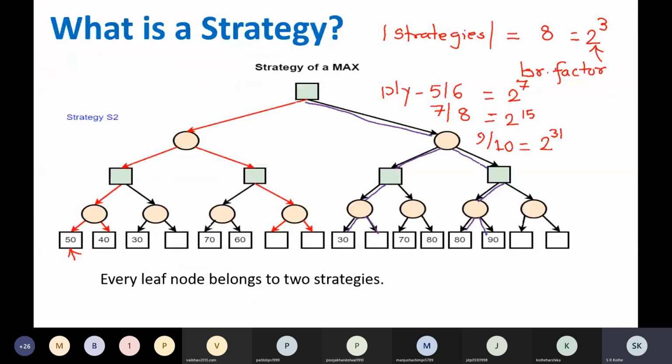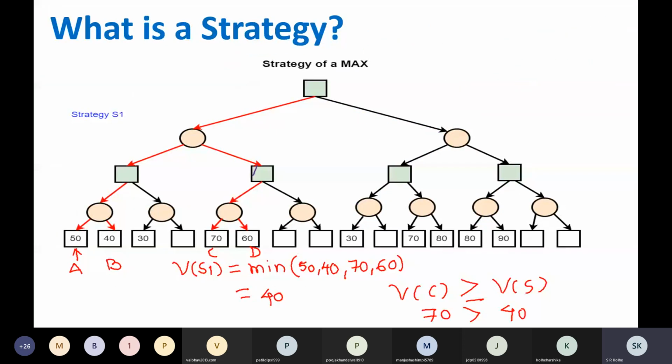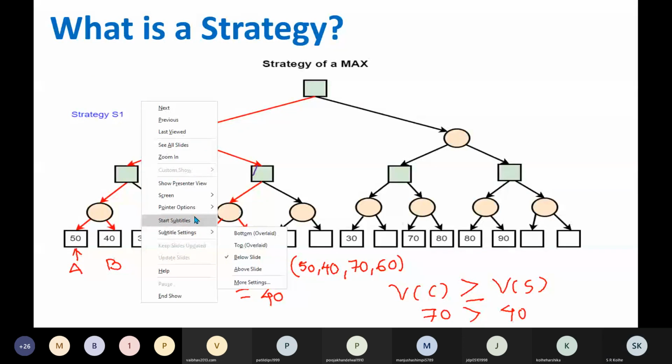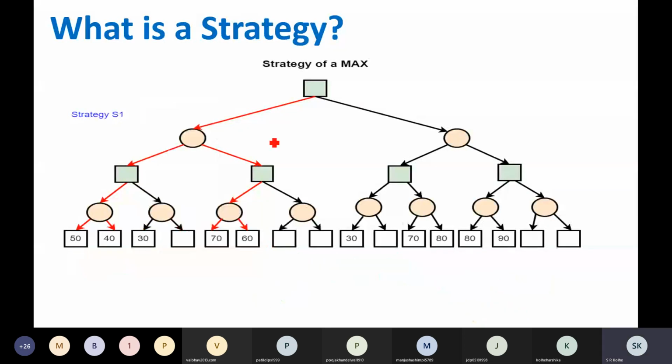Come back to this example. Now in this case, the algorithm will start with finding out a set of leaf nodes which will cover all strategies.